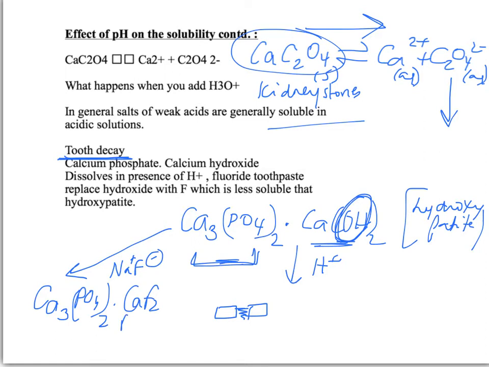That's called fluorapatite. CaF2 is more insoluble than Ca(OH)2, because of which the effect of the acid from acidic foods is not going to be as predominant as it would have been with just enamel. So by using sodium fluoride containing toothpastes, you can prevent tooth decay and prolong the life of your enamel.